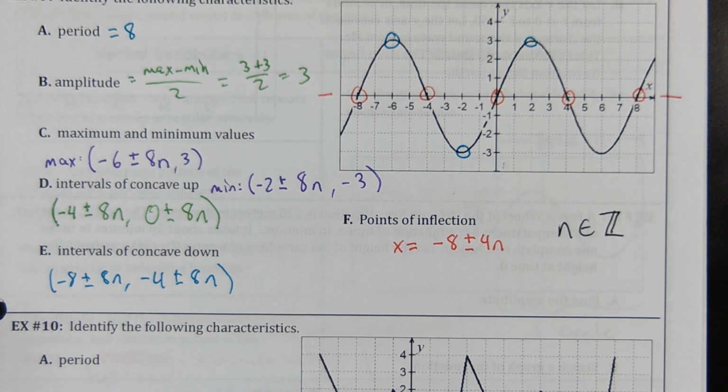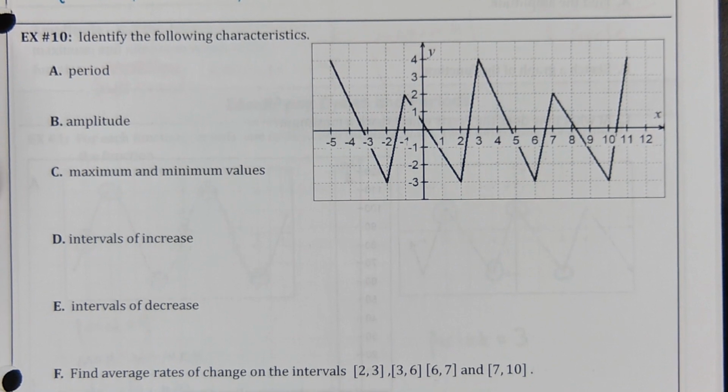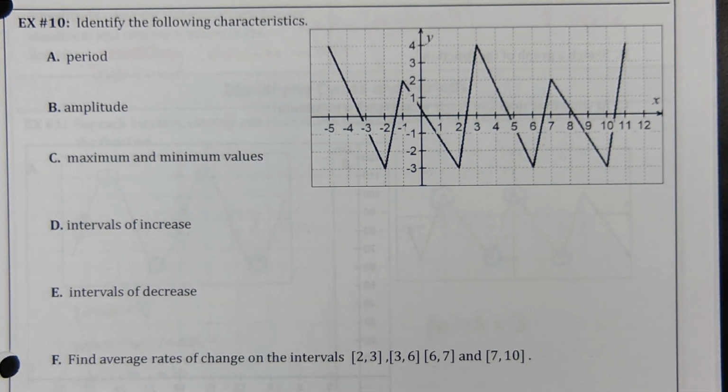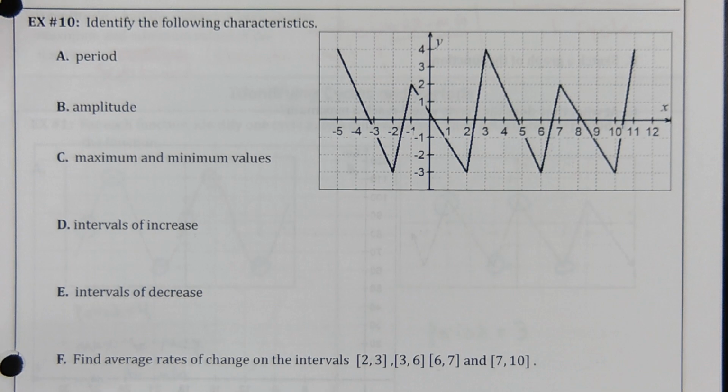No. Alrighty. For this next one, since it has no curves, we cannot say concavity. But we can talk about increasing and decreasing. I mean, shoot, we could have done increasing, decreasing for this one also, but we chose not to apparently. But for this one, since there is no concavity, let's go ahead and do increasing, decreasing. The one thing that you have to remember though, when you do increasing and decreasing, is brackets when it changes.